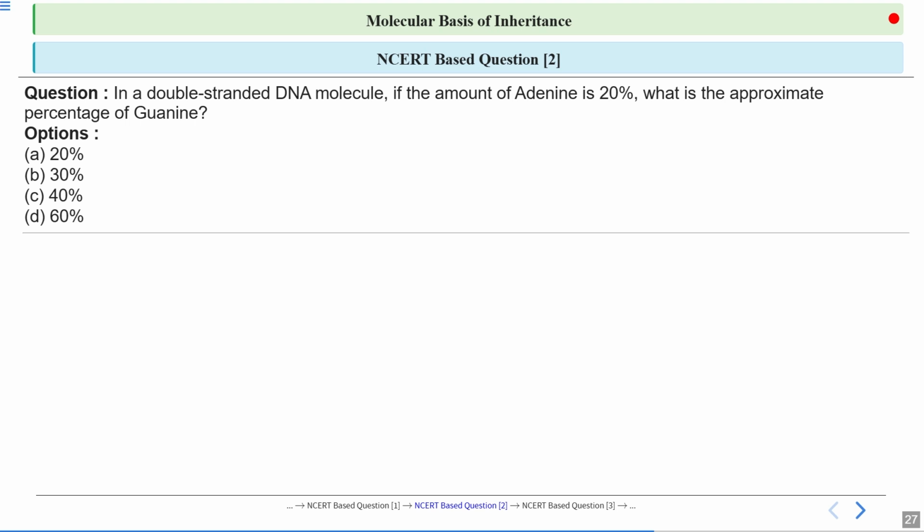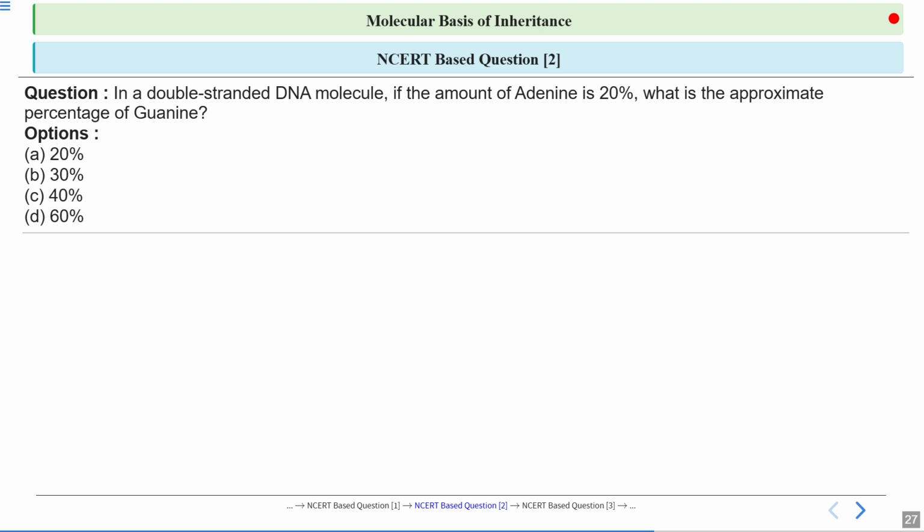Now we know that the whole purine by pyrimidine is equal to 1. Adenine is 20 and thymine is 20, which means 40% is taken by thymine and adenine.